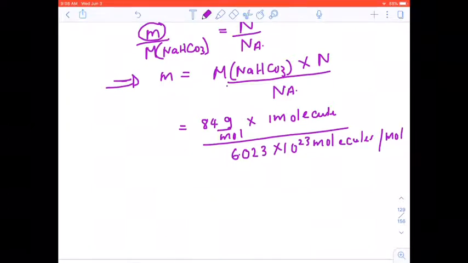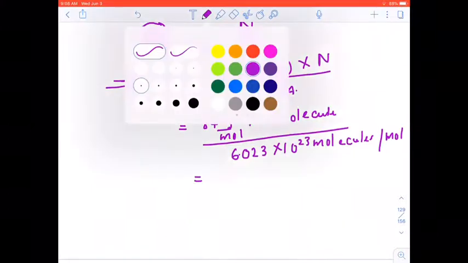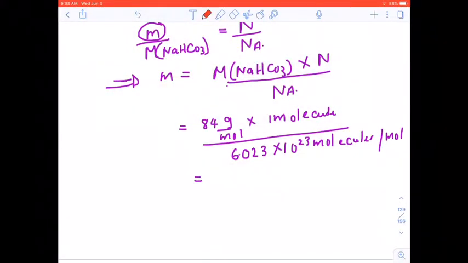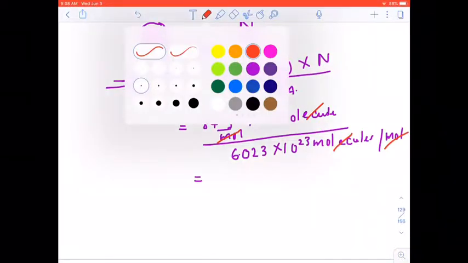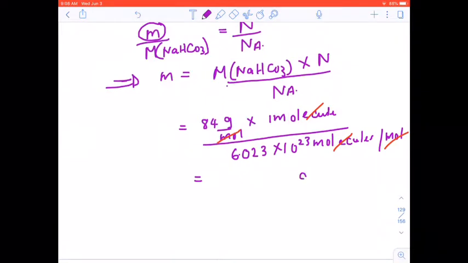And if we look at this here, we could say mole cancels out with that mole, molecules with that, and we are left with grams. And how many grams are we left with? We are left with 1.39 times 10 to the minus 22 grams. So that's an alternative way to get the same result.